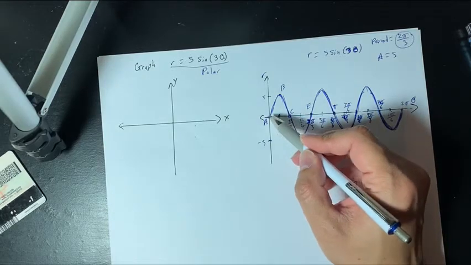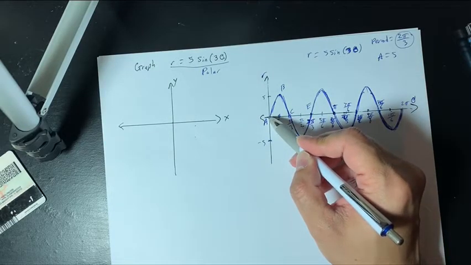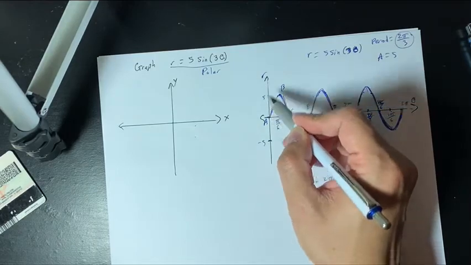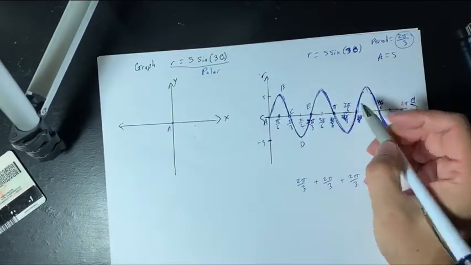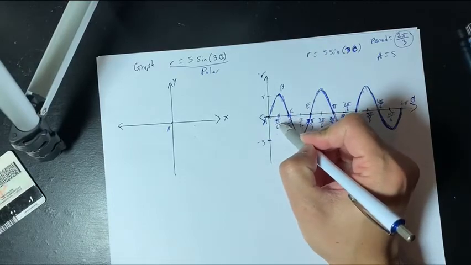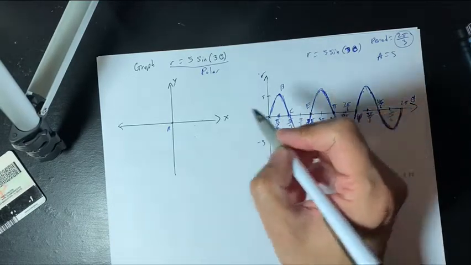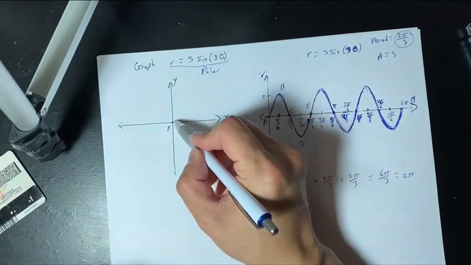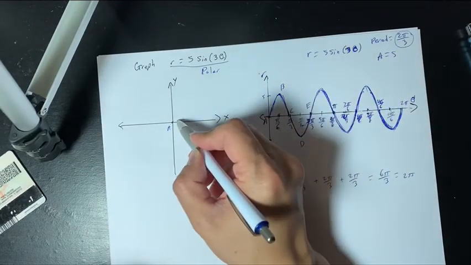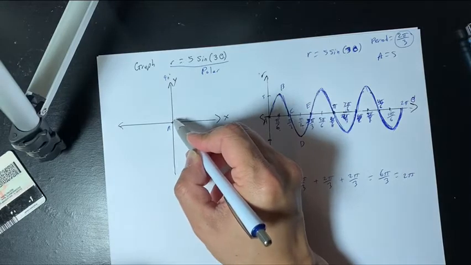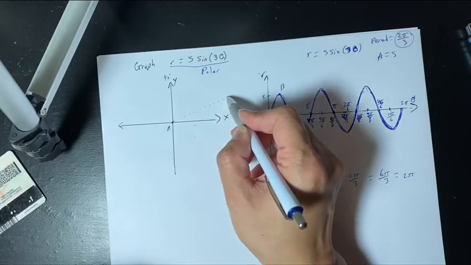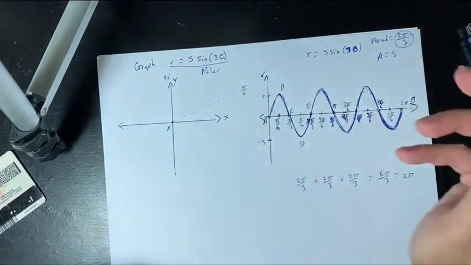Okay, so where's A? Well, A is when the angle is 0, your radius is 0. So that's A. But as my angle increases to pi over 6, well, pi over 6 is your 30 degree. This is 90 degree. So 30 is 1/3 of that. So here's pi over 6.